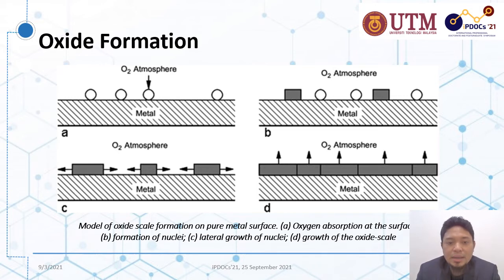Then the nuclei will laterally grow, and after they hit each other, the growth is vertical, which increases the thickness of the oxide scale. If the oxide scale isolates the metal from the atmosphere, it will become an excellent corrosion resistant.